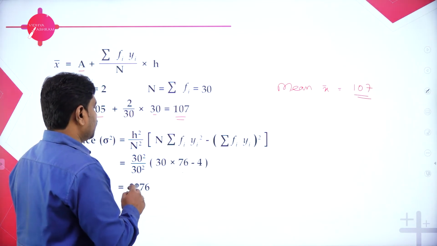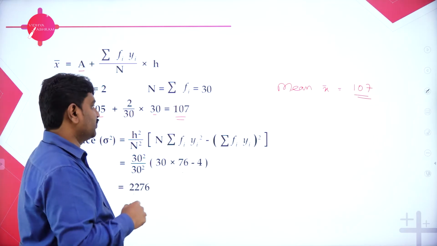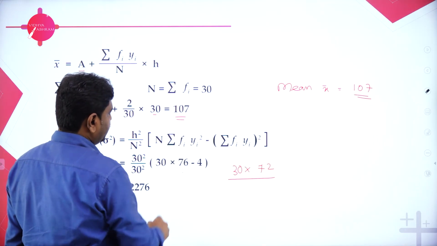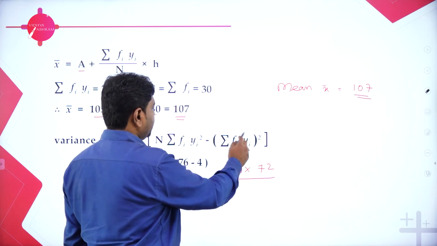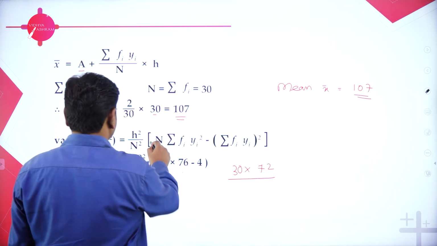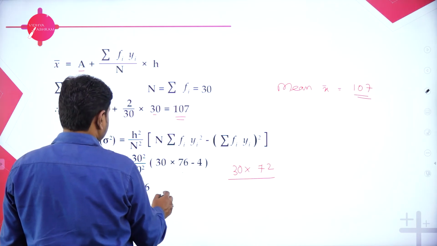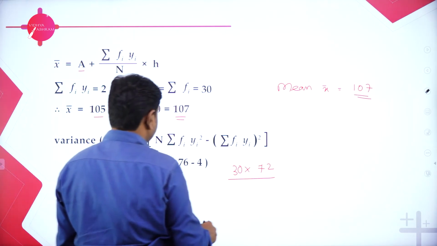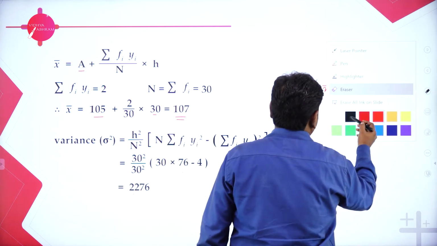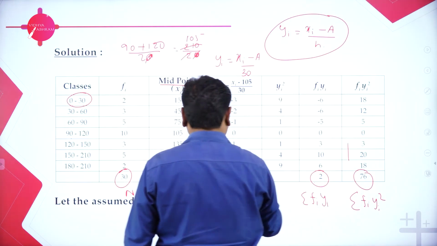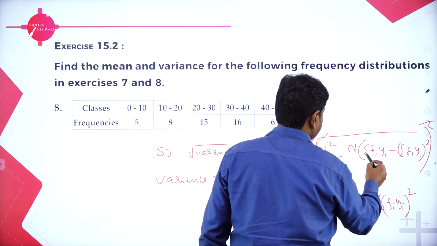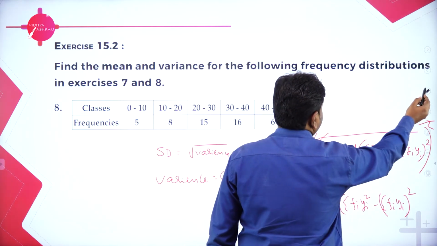So this is the formula for finding mean and variance. N into sigma fi yi square minus sigma fi yi the whole square. N is only for this particular term. So 30 into 76, you do 30 into 76, subtract it and divide it. For the first term this is n, n is not for the whole term.